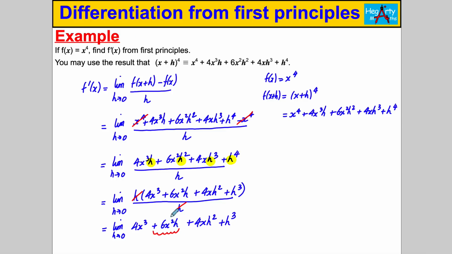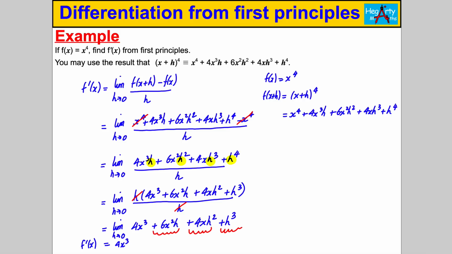This gets eliminated because 0 times 6x squared is just going to be 0. This gets eliminated because h squared, 0 squared is 0, and this will be eliminated as 0 cubed is 0. And we're simply left with the answer that f prime of x is equal to 4x cubed. So when f of x is equal to x to the power of 4, f prime of x is equal to 4x cubed.